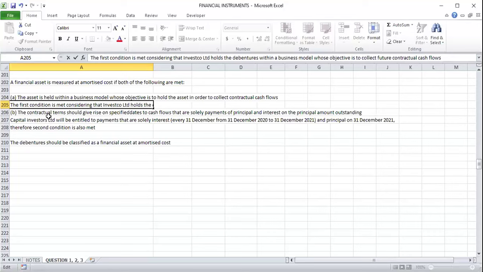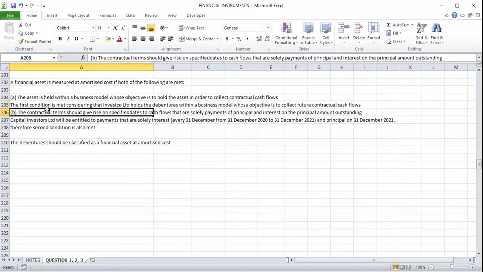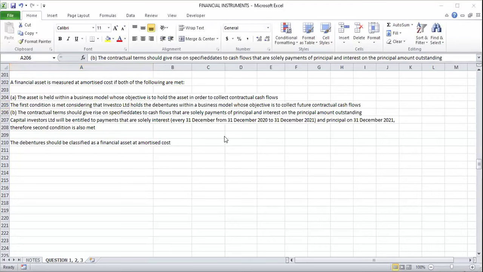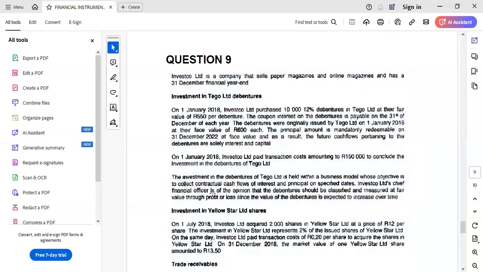Right. And number 2, the contractual terms should be solely principal and interest. And we're told here that the contractual terms are solely what? Interest and capital. Right.